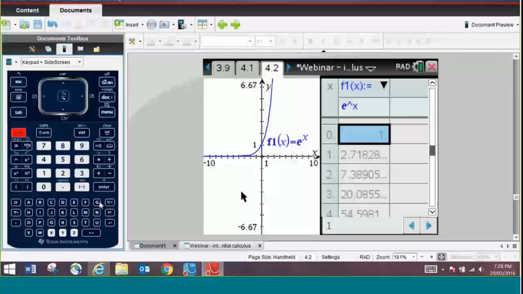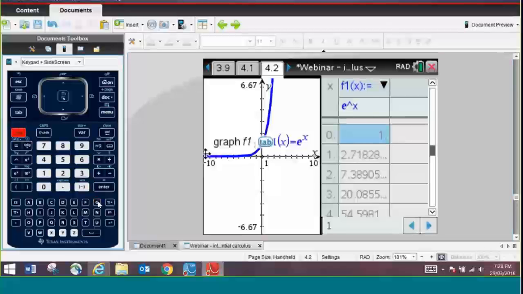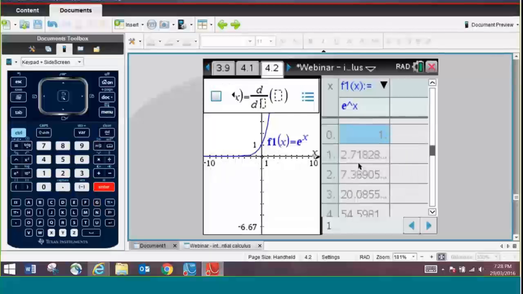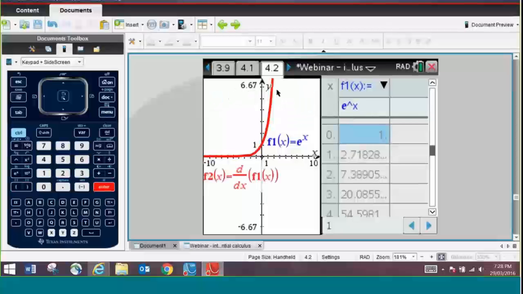At the same time, oops, if I get back into the graph menu, at the same time if I put in the derivative function of f1 of x, what I then get, let me just remove the table.